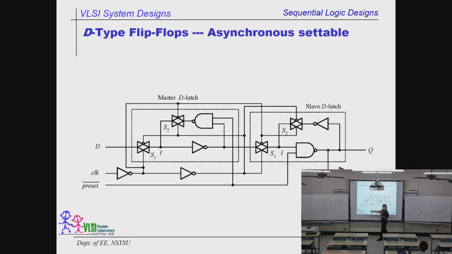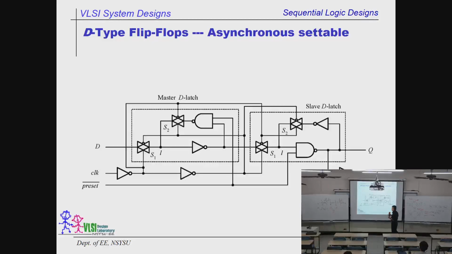So when this is 0, we carry out a function called a preset, because the preset function is defined as we want the output to be 1. That's it. It's quite easy. No one gets hurt. It's the same over here. When this is 0, the NAND here will become 1.